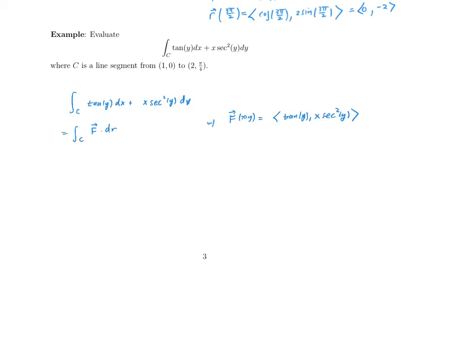Hopefully you've taken a few minutes to evaluate this line integral, and the observation that I would like to make is it's of this form, a line integral p dx plus q dy, so it's really a line integral over the vector field p comma q.